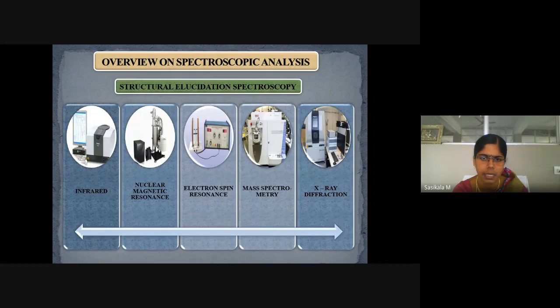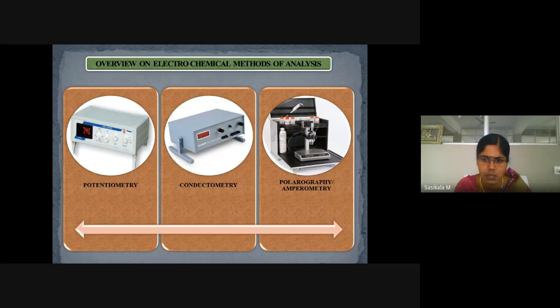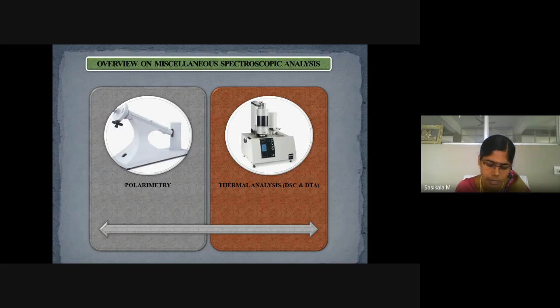For predicting a chemical structure, these spectroscopic analyses are used: infrared, NMR, ESR, mass, and XRD. Then the remaining techniques are polarimetry and thermal analysis, DSC and DTA. Don't confuse polarimetry with polarography. Polarography is different.